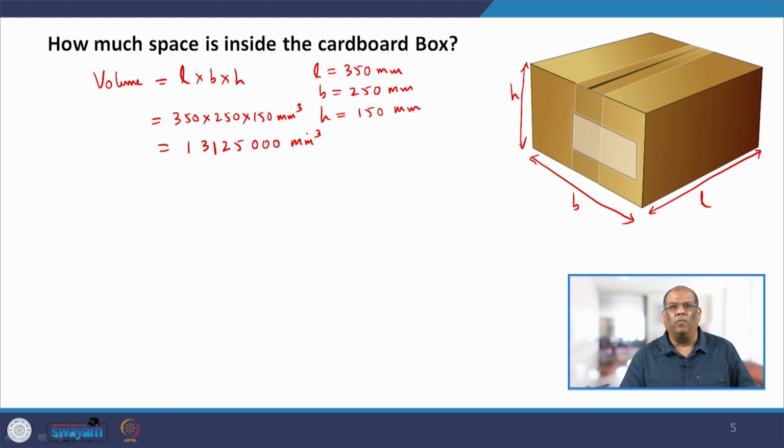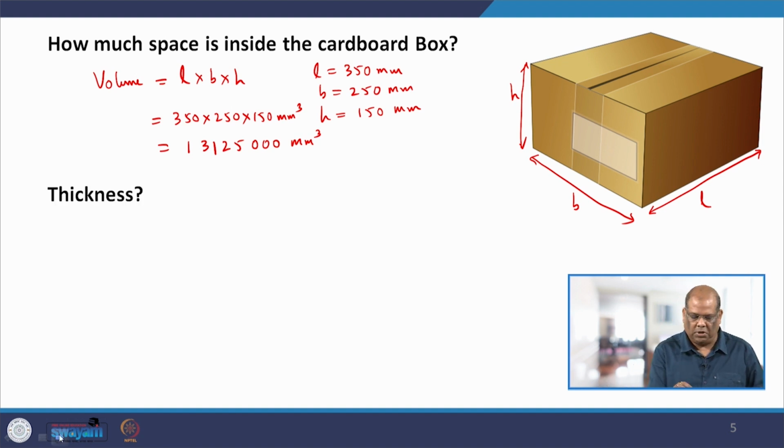Fine. Now, what do we miss here? See, this cardboard box has thickness. We have ignored the thickness. But if you want a real life scenario, you need to modify the model. I need to put the thickness here. So, the thickness, say I take it as x.